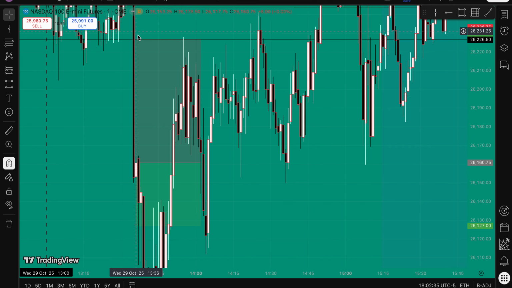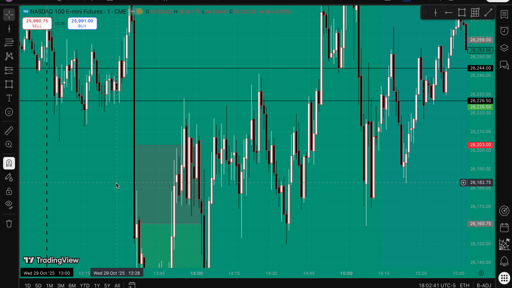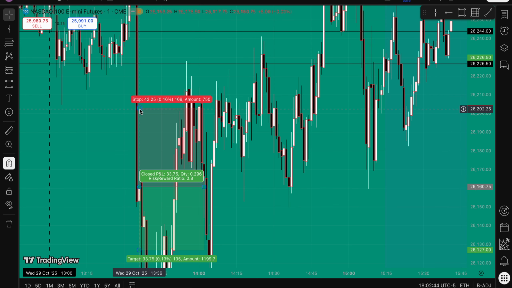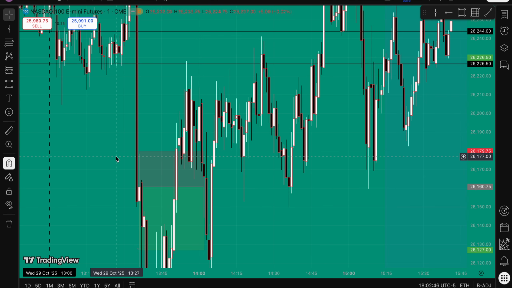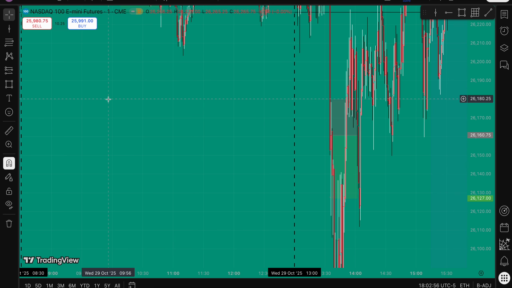Other than that, not a bad trade. My stop loss was right at the halfway point at first of this big gap, and then boom, as soon as we went down to here, I adjusted it, and then literally within a minute it hit, and I made 650 dollars off this, which brought my daily P&L to 300 and saved me for the first trade.